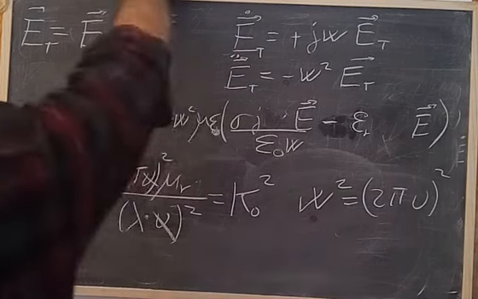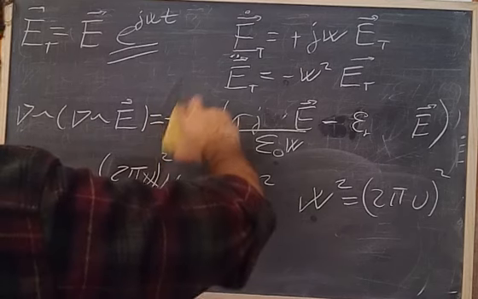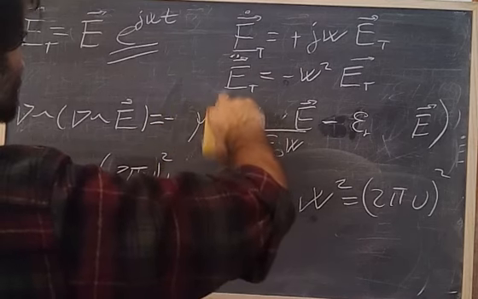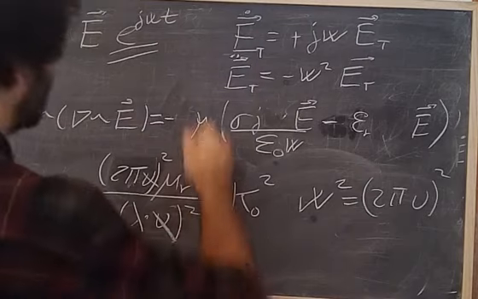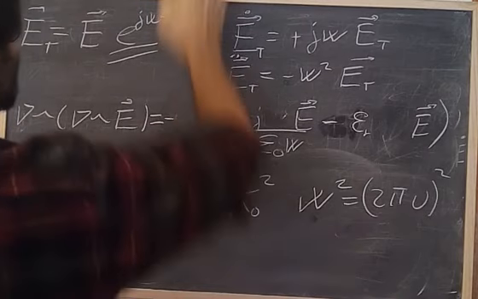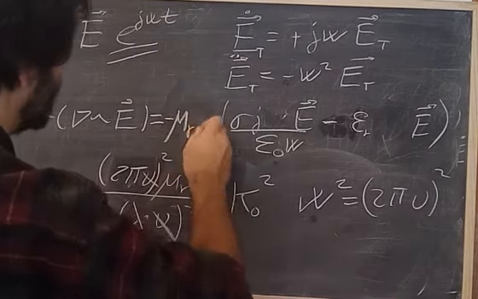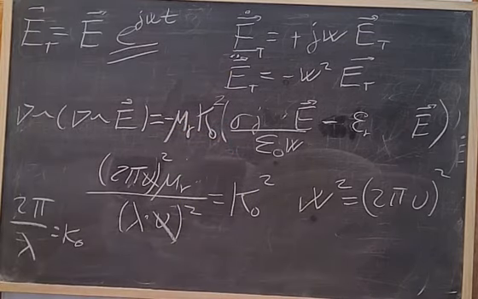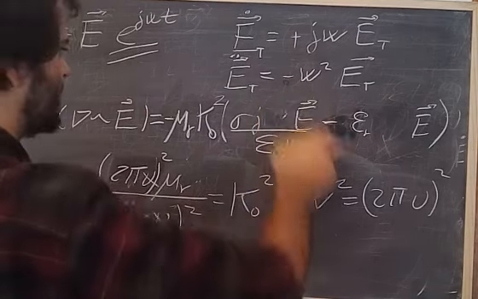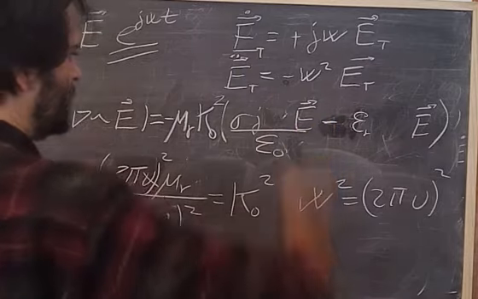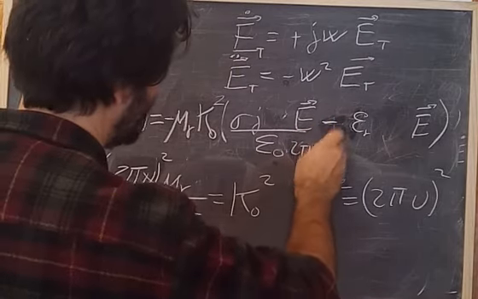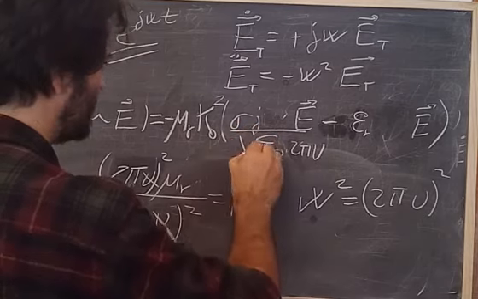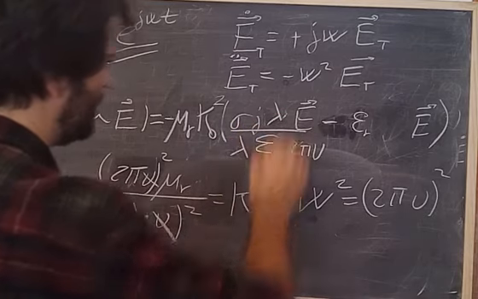So I can write here minus mu r epsilon r multiplied by k0 squared. Okay, what else? This can be replaced by 2 pi nu and multiply here lambda and lambda.